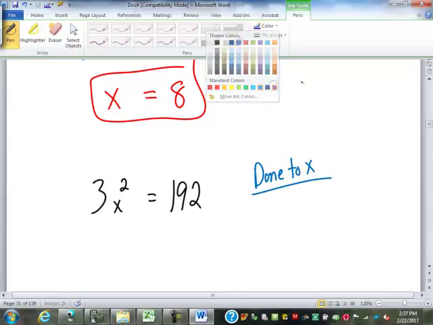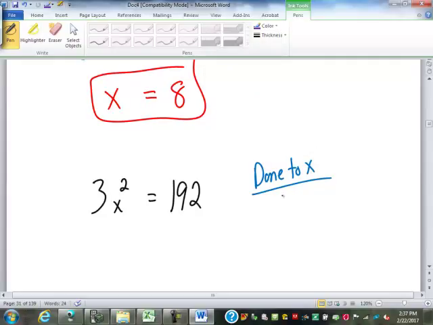Well, order of operations says, right now x has been multiplied and it's been taken to a power. Order of operations says what happens first, the power or the multiplication? The power, right? So the first thing that's been done to x is it has been squared. The second thing that's been done to x is it has been multiplied by 3.